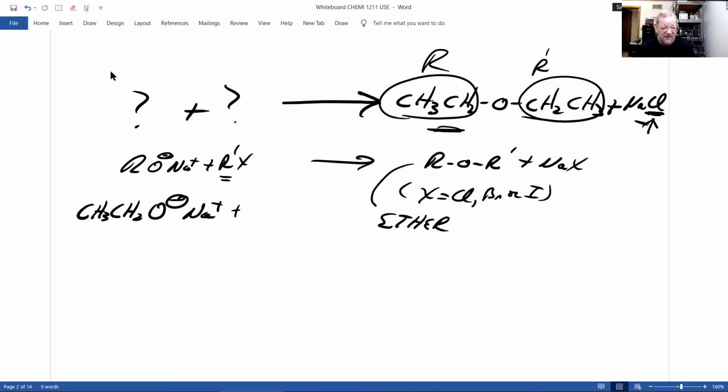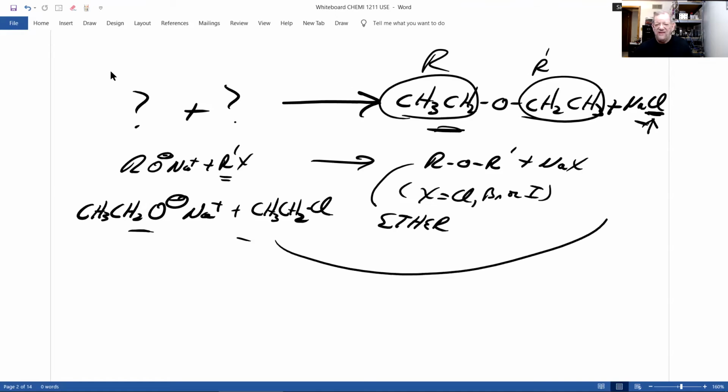R prime is ethyl. And my halogen is chlorine. If you react this and this, I will make that compound.